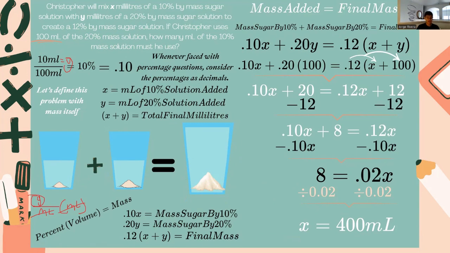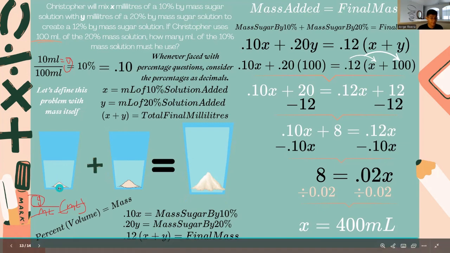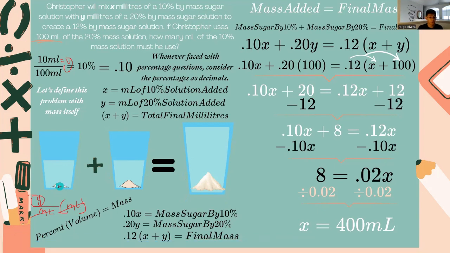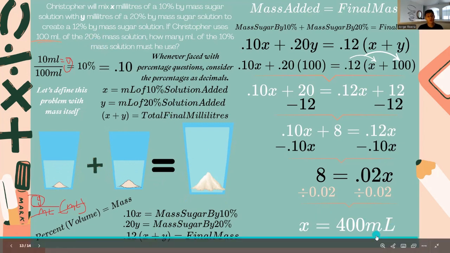Concentration is just the amount of something per an area. These two technically have the same area because they have the same volume of water, but this one has less sugar in the same volume, and this one has more sugar, so it has a higher concentration. That's why we use a lot less of the 20% mass solution and a lot more of the 10%.